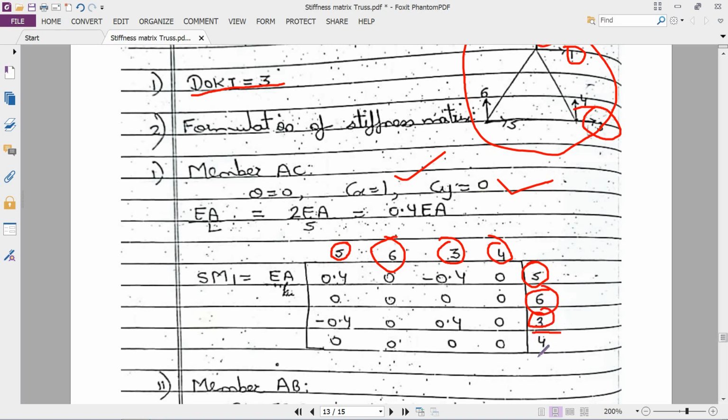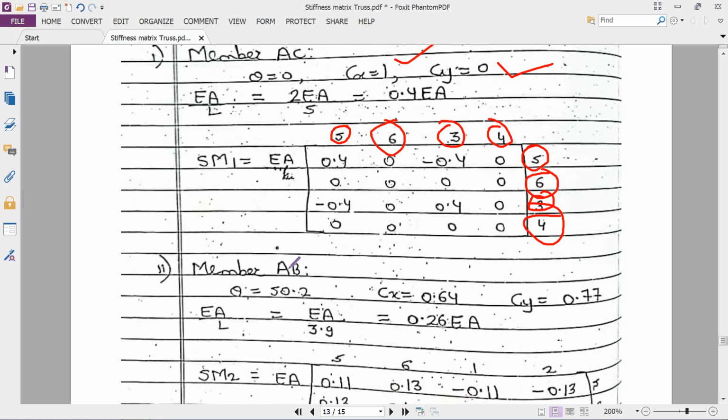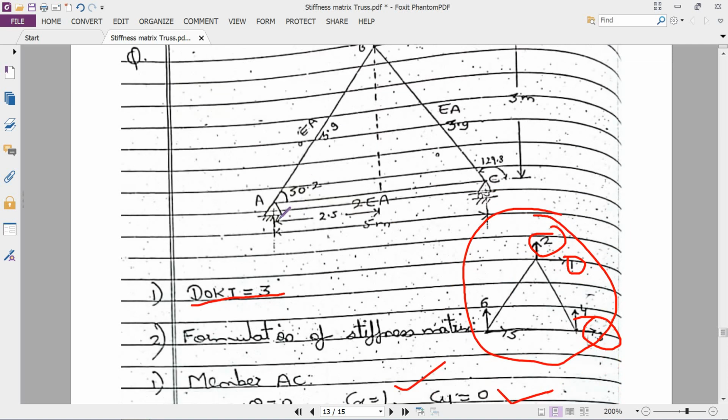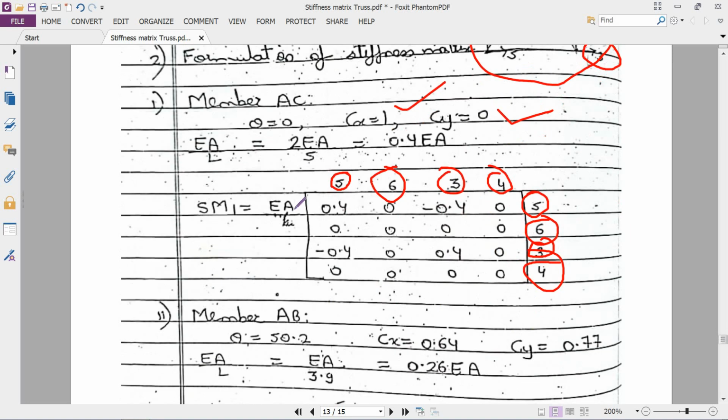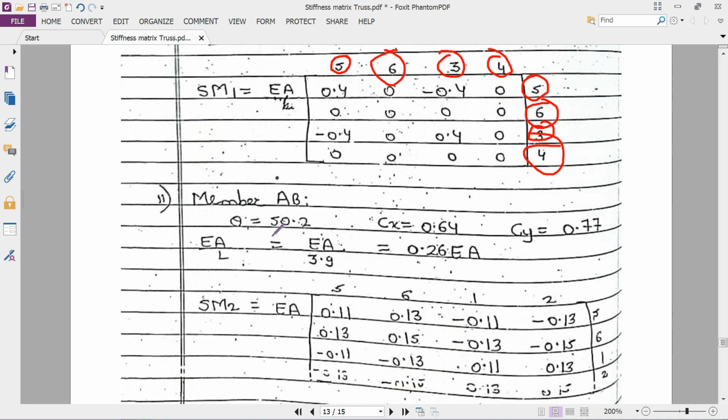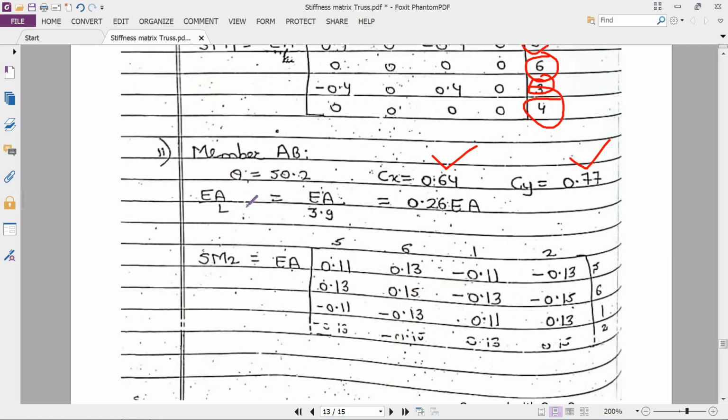Now next is the inclined member AB. Here the angle is already given as 50 degrees, so we just put theta as 50, and we calculate the value of Cx as cos theta and Cy as sin theta. Then EA by L: EA is already given as EA, divided by L, which is 3.9, so the answer is 0.26 EA.